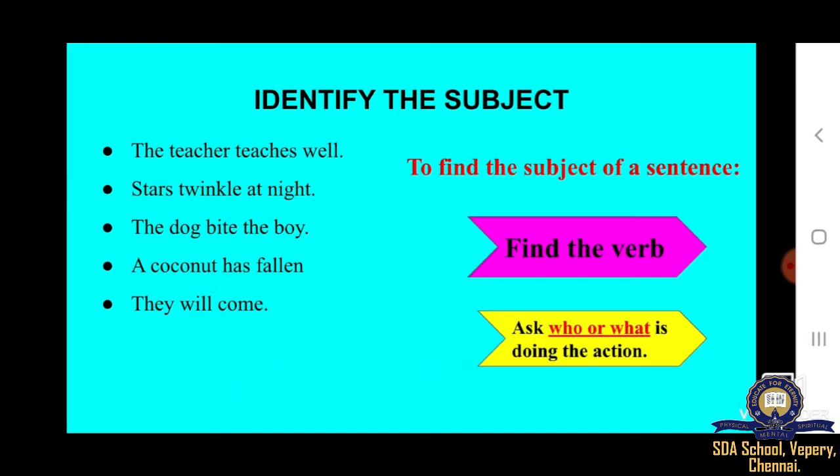Now let's see the first sentence: the teacher teaches well. Here, what is the verb? Yes, teaches well. If I ask who teaches well, my answer is the teacher. So here the teacher is the subject.